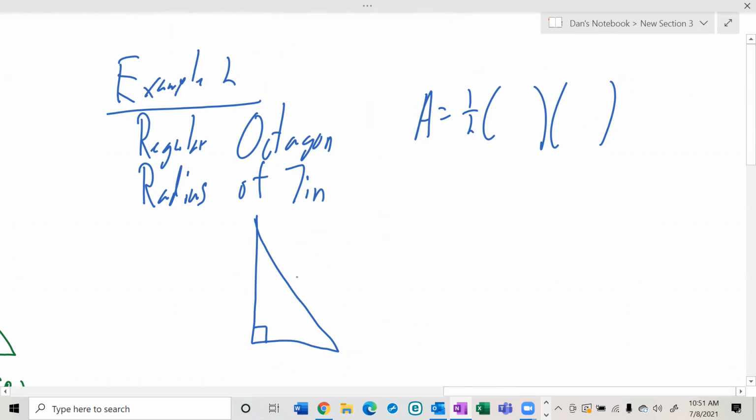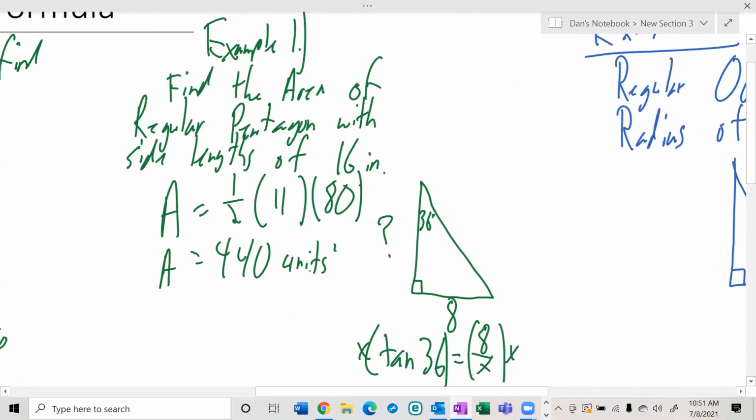What's the side that we have? It's not this one. Which one is it? It's not even the big one. The big one is the apothem. The 7, that's right. The radius is also the hypotenuse. So we labeled the 7.